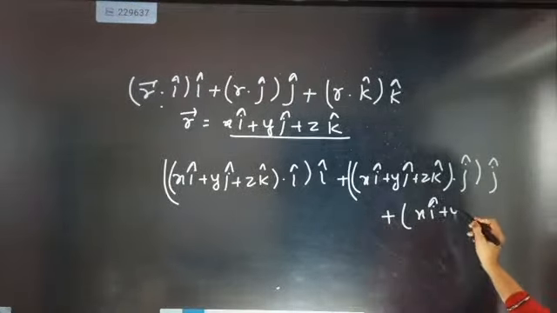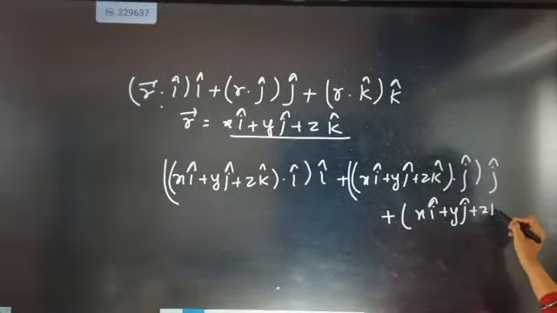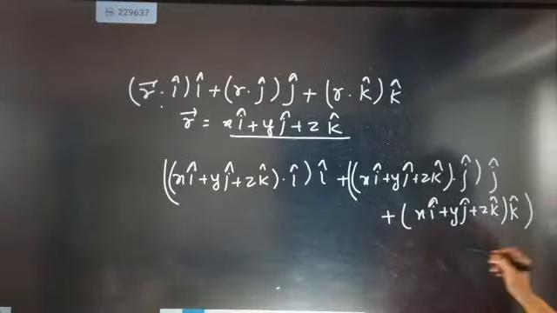Then xi plus yj plus zk, with k outside.